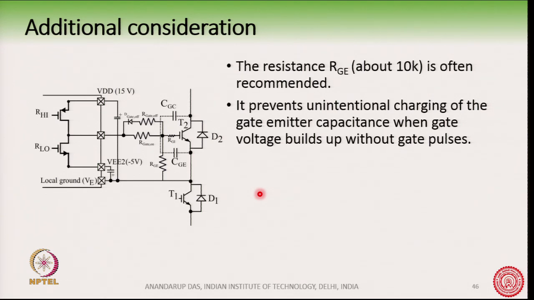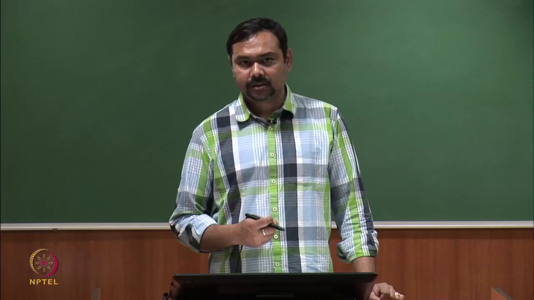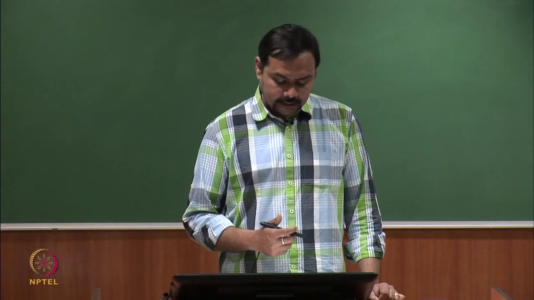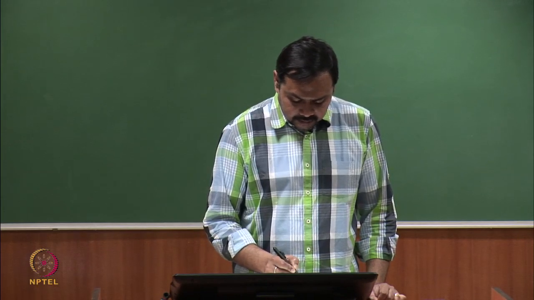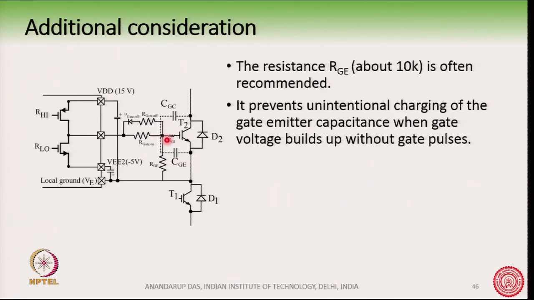The gate emitter voltage will build up without even the gate pulses. So, it is always a good idea, in particular for high power applications, that this gate terminal is connected through a resistance RGE, typically about 10 K, so that this point is not floating.